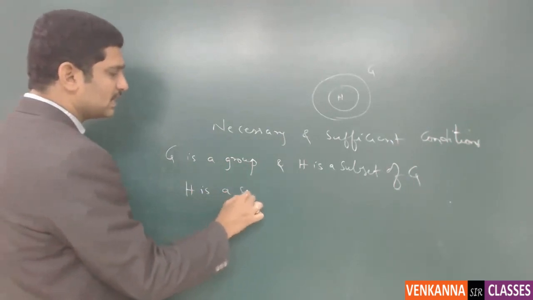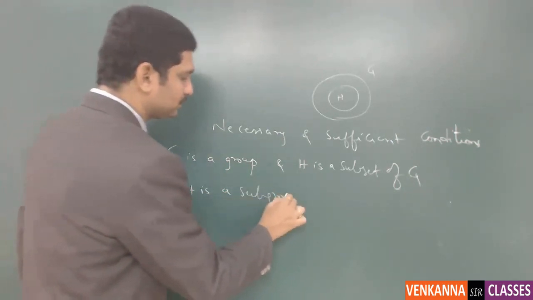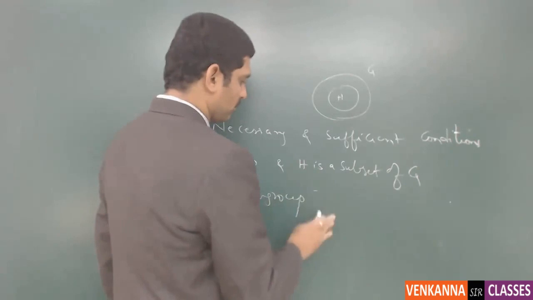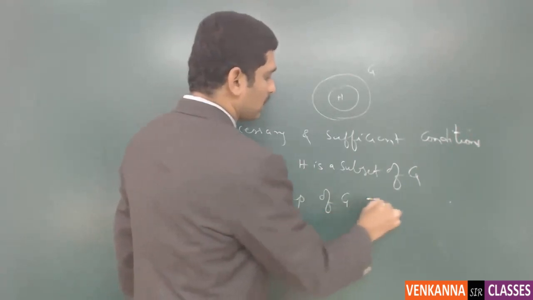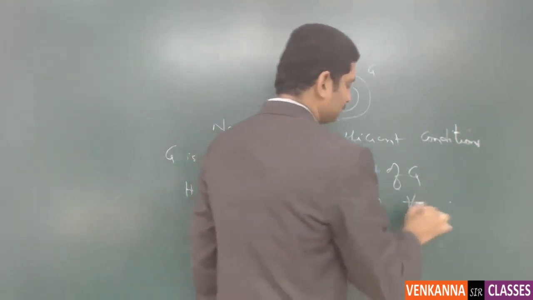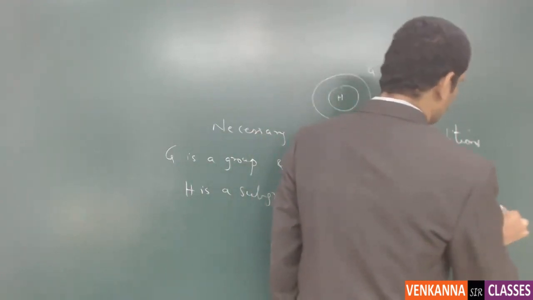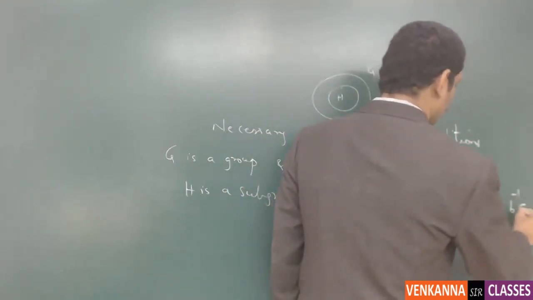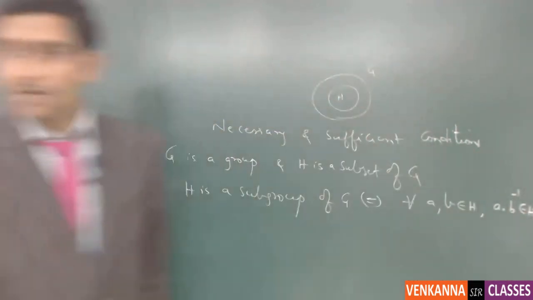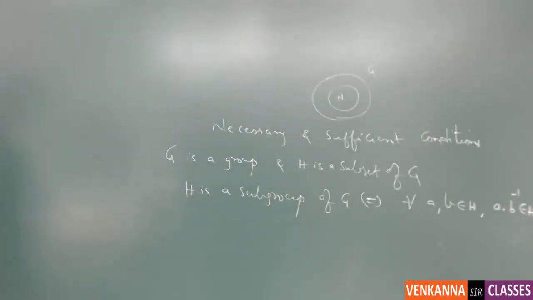So H is a subgroup of G if and only if for all A, B belonging to H, A dot B inverse belongs to H. Take a note of that.